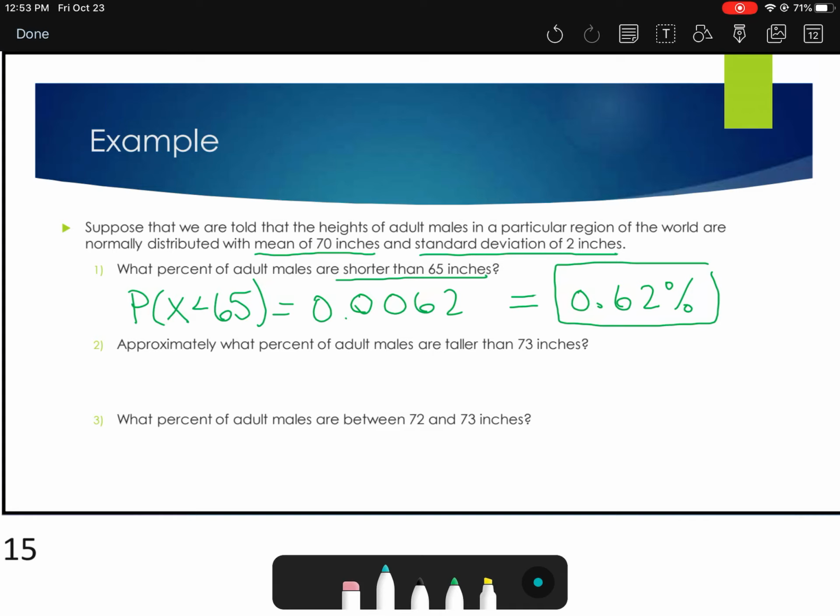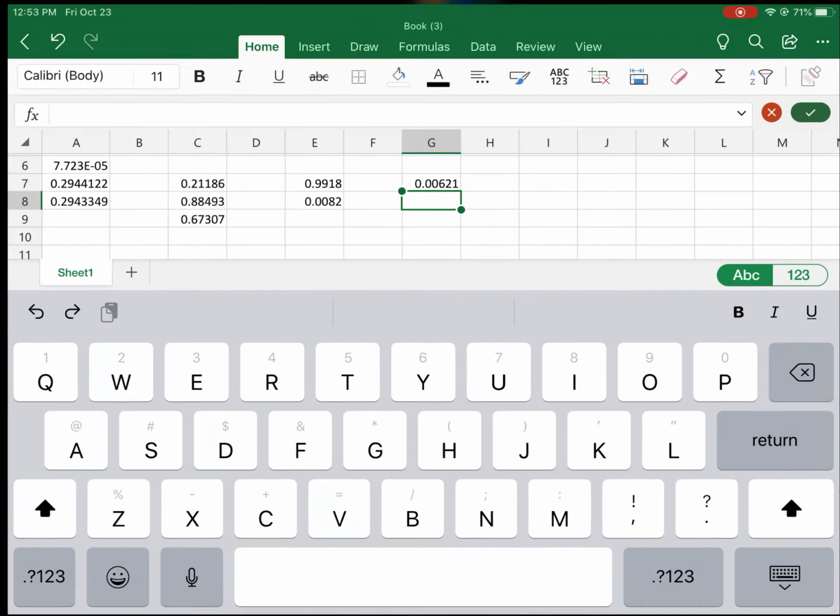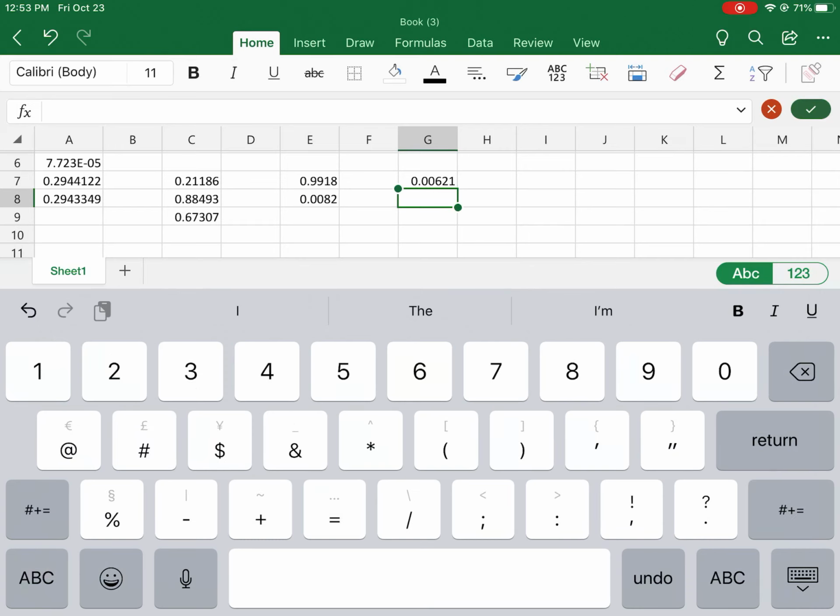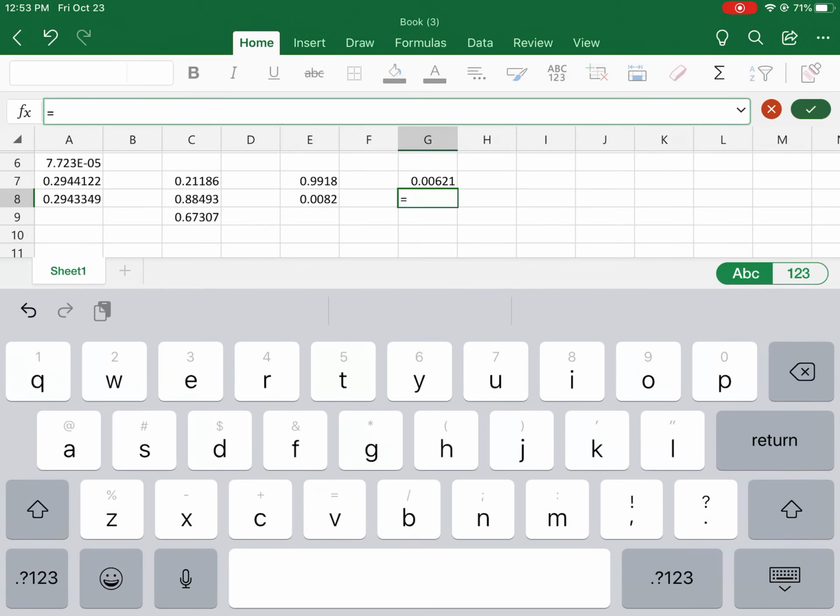Okay, so let's go to the next one. Approximately what percent of adult males are taller than 73? So remember, if it's greater than, we have to do 1 minus the probability that it's less than 73. So let's just go ahead and plug that in.